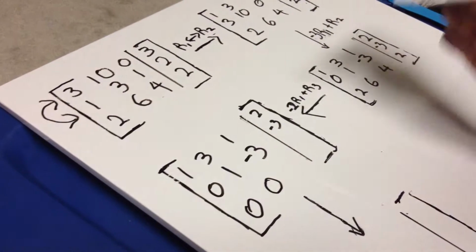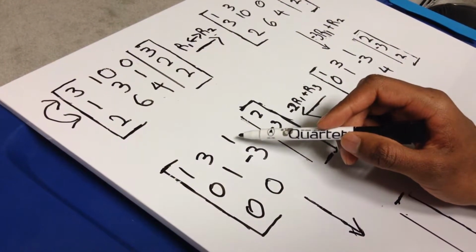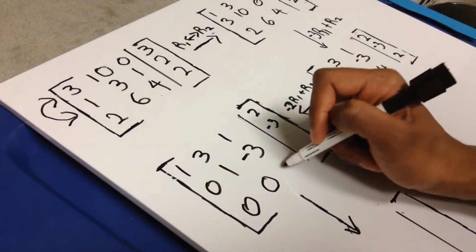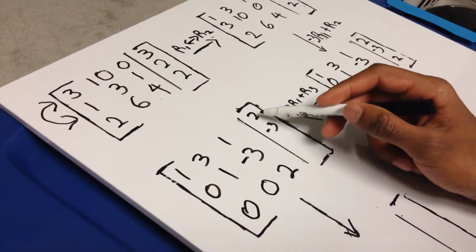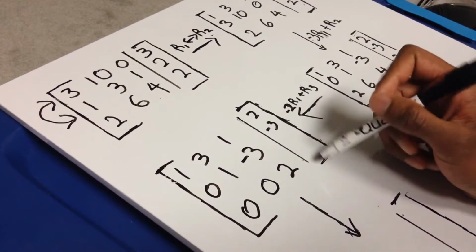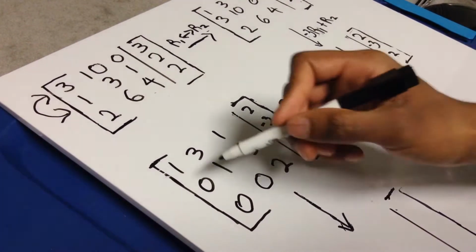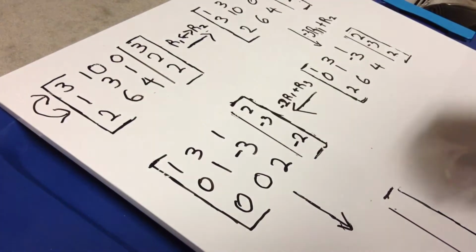Once again, -2 times 1, that's -2, and you add it to 4. That's 2. And -2 times 2, that's -4, and you add it to 2, which is -2. And now, as you can see, we got zeros down here, and we got 2 1s.